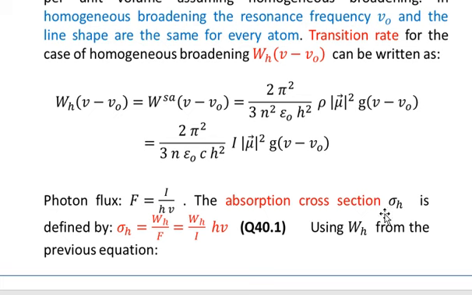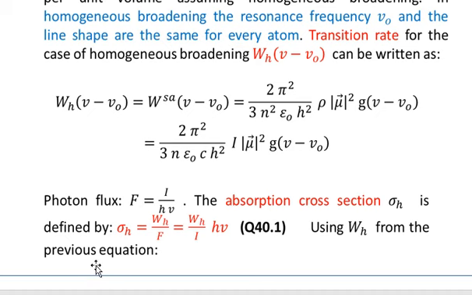The absorption cross section sigma h is defined as sigma h equal to WH over capital F. That is, the transition rate under homogeneous broadening divided by the photon flux, which in terms of the intensity of the beam is WH over I times h nu, as given in equation 40.1.